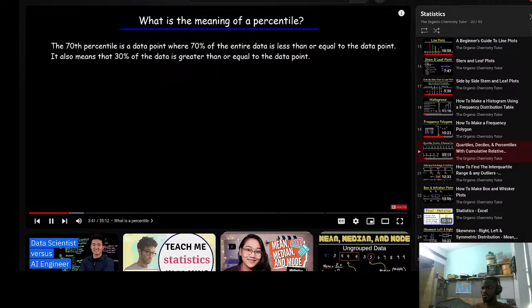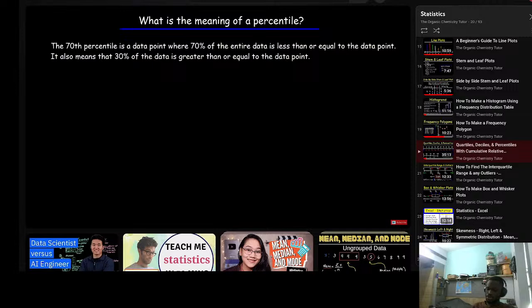Have you thought about that? The 70th percentile, for example, is a data point where 70% of the entire data is less than or equal to the data point. Now, it can also mean that 30% of the data is greater than or equal to the data point. So what do we mean?